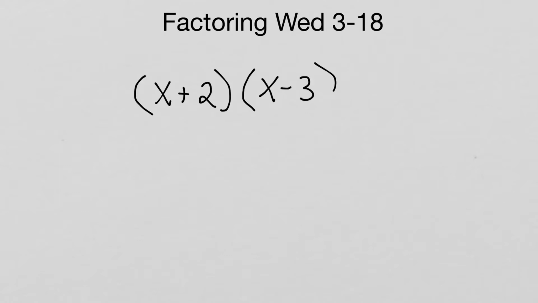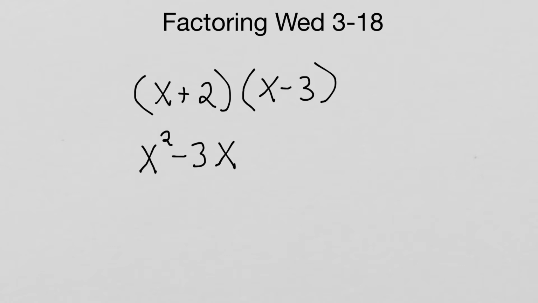As a quick review that kind of leads into this, if you multiply two binomials, you do it like this. Some of you do it FOIL method, some of you do it box method. But to do this one FOIL method, first x times x is x squared. All right, outer, minus 3 times x is minus 3x.